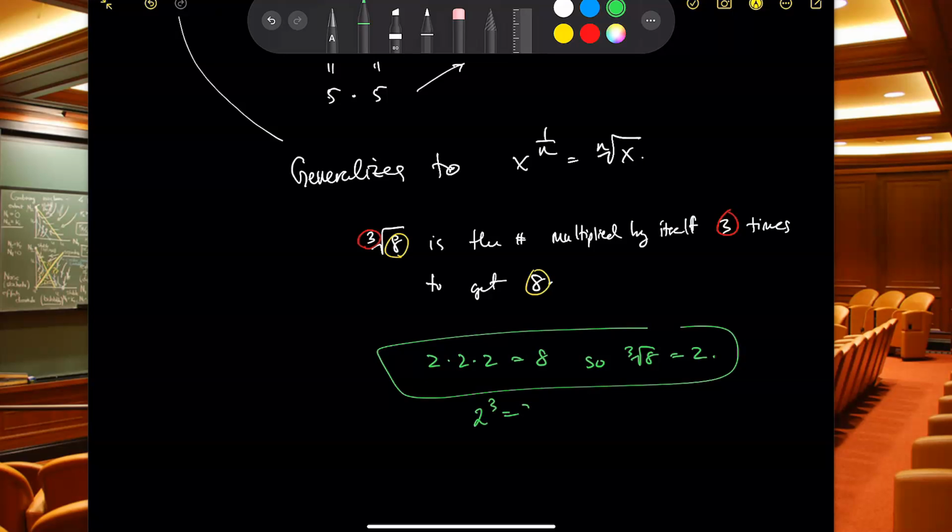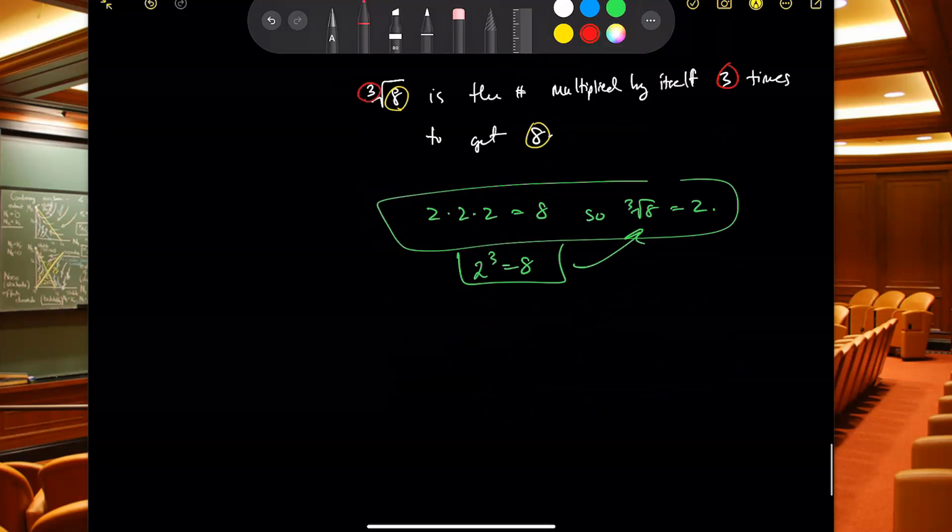Or 2 cubed equals 8, so the cube root of 8 equals 2. It's the inverse operation. But this happens for not just 3 times, but n times. So the 5th root of 32 is 2, and 32 to the 1/5 is another way to write that, because 2 to the 5th, 2 times 2 times 2 times 2 times 2, equals 32.